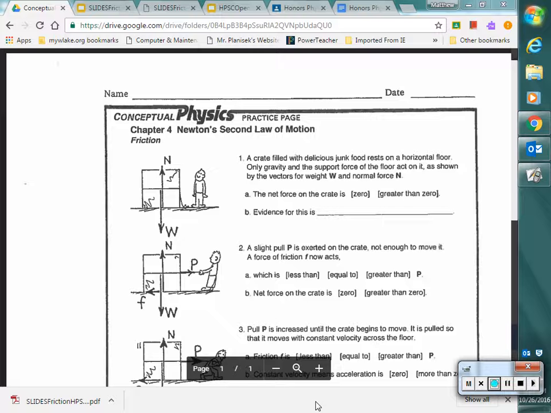How do we know that that is in fact true? Sammy, go ahead. The box is not moving, right? And that means its acceleration is what? 0. And if its acceleration is 0, what does the net force have to be? 0. Good.